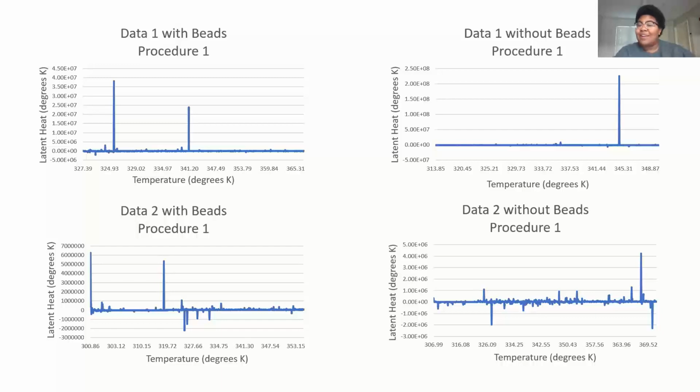These graphs are not very nice to look at. Taking the instantaneous derivative introduces lots of error because the derivative at each point changes constantly, because we're taking so many points so quickly. And so this is not a good way to calculate the latent heat.